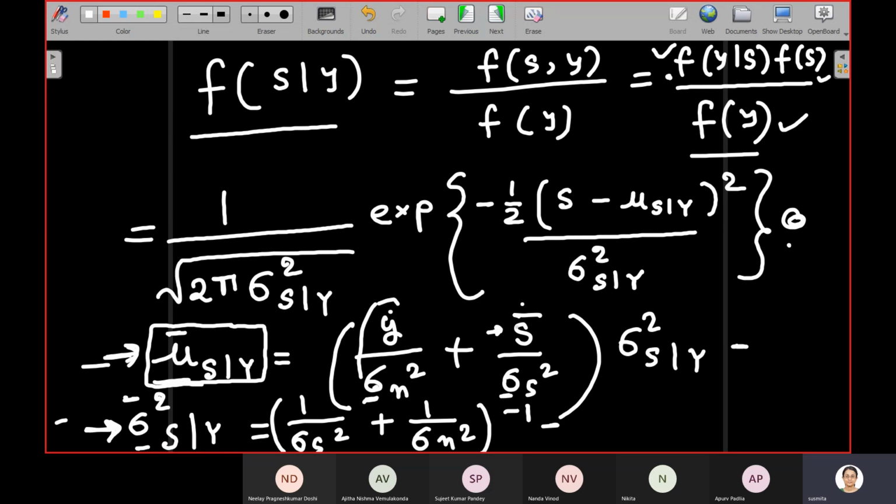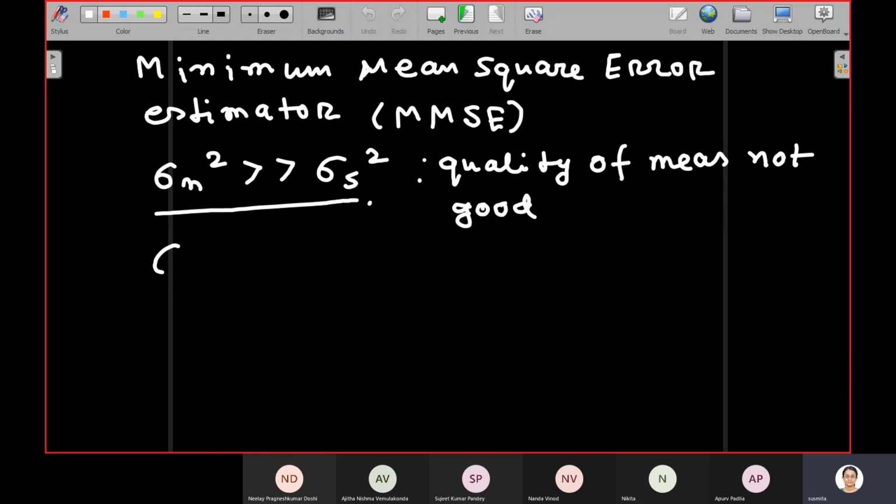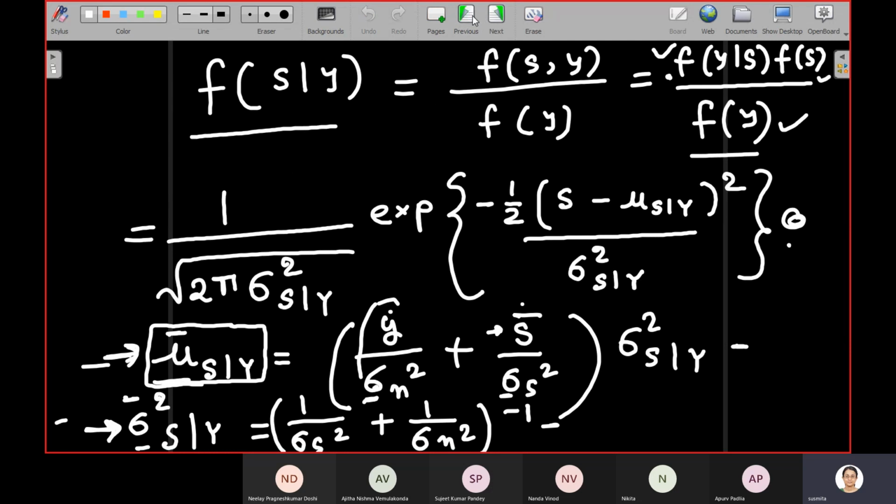Now what happens when the measurement quality is good but prior knowledge is not so good? So in that case, sigma s square would be much larger than sigma n square. In that case, the reverse happens. It gives more importance to the measurement. It automatically gives less importance to the prior information.